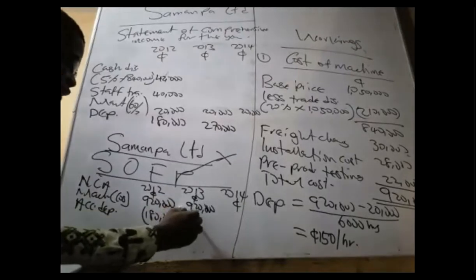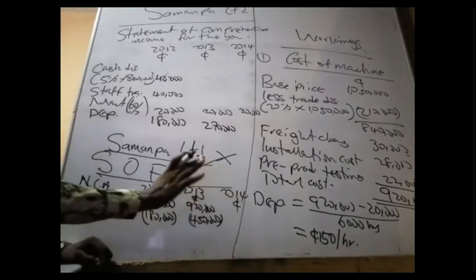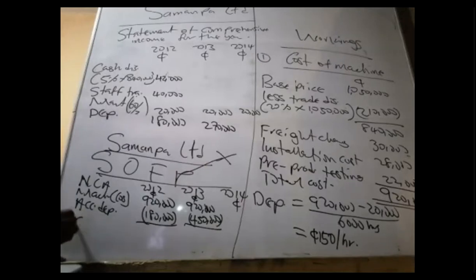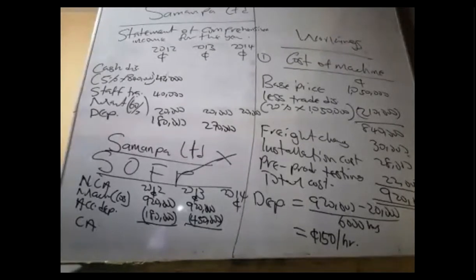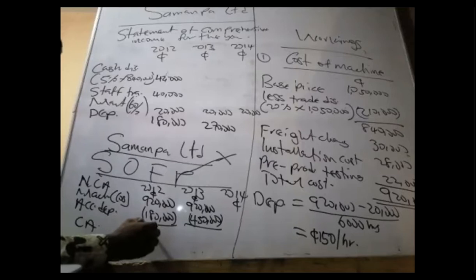I like that. Now let's get the carrying amount. The last year they leave it because of the adjustments. So even if you cannot do anything, not this. So what's the carrying amount? 920 minus 180, and then 920 minus 450. So 740 for the first year.